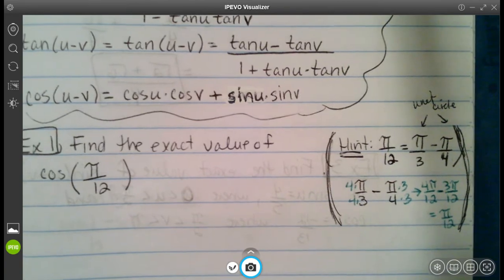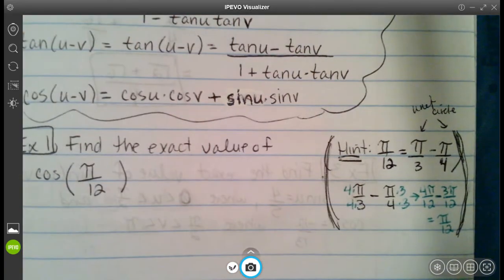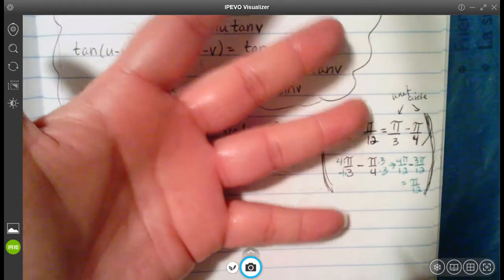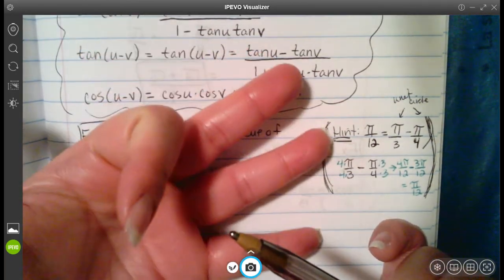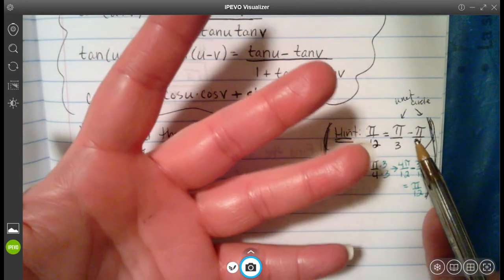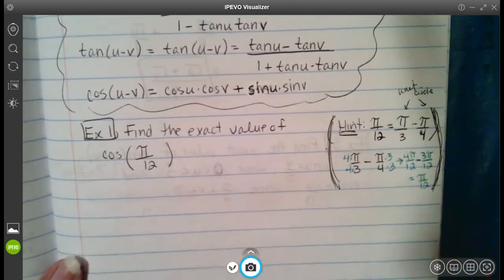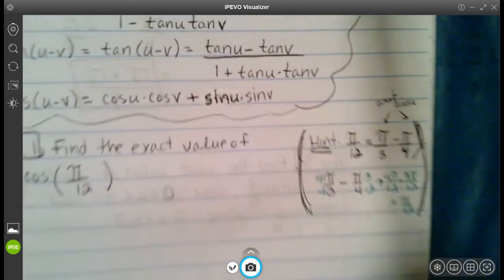Remember the hand trick I showed you? Pi thirds is going to be your 60 degrees, which is this one. Pi over 4 is the middle one. If you don't know what I'm talking about, that's fine. Look at your unit circle. You have the foldable. You have all the values.